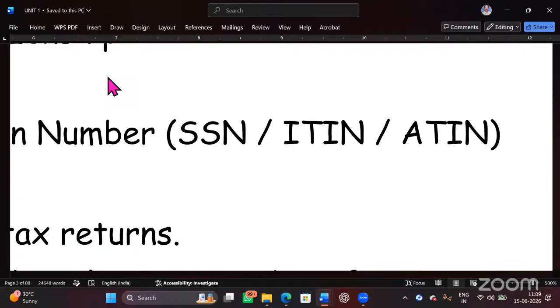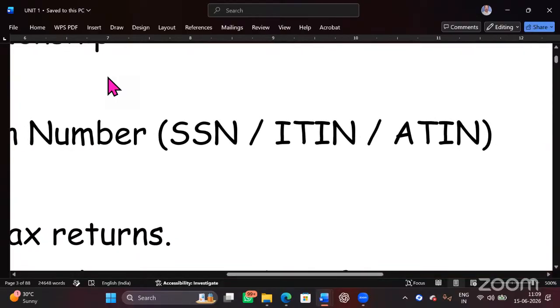Now coming to the ATIN, Adopted Taxpayer Identification Number. Suppose a wife and husband are residing in the US, citizens of the US. They want to adopt one child from either the US or outside the US, no problem. They follow the legal procedure and formalities, bring that child to their home, and spend on that child from their own pocket.